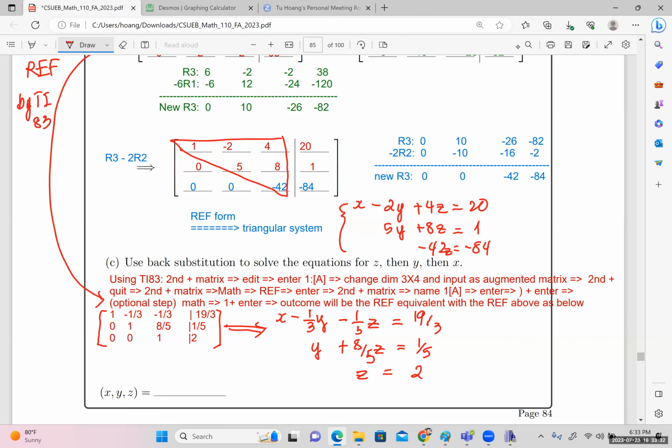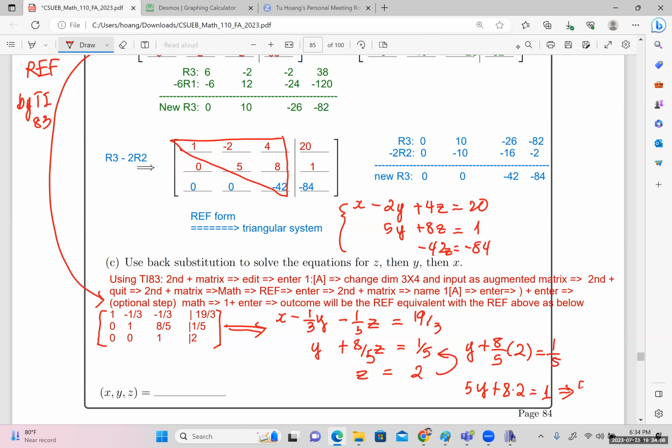So you can use back substitution, you will have y plus 8/5 times 2 equal to 1/5 now, right? You want to get rid of the fraction form. If you don't want the fraction form, you multiply by 5 both sides, right? 5y plus 8 times 2 equal to 1, right?